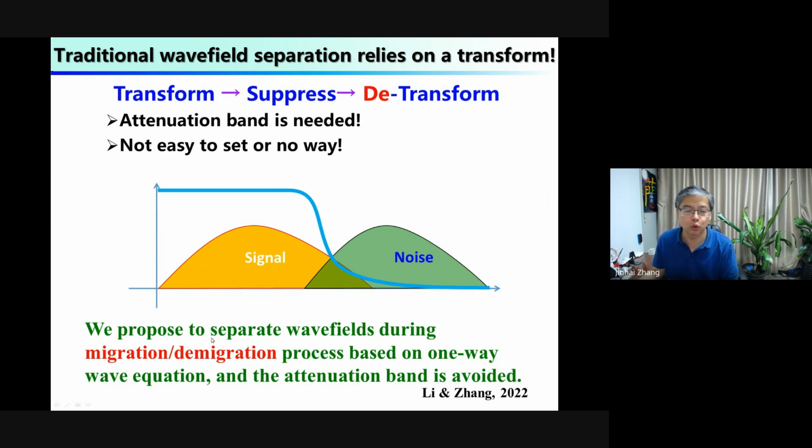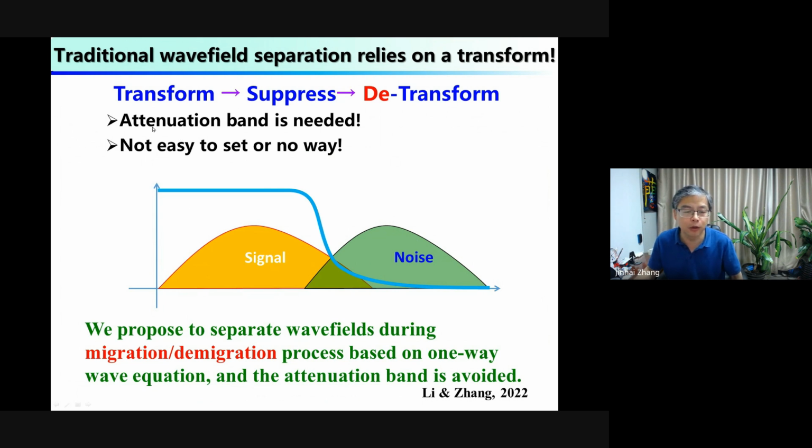So we propose to separate the wave field during migration and demigration. As mentioned before, we perform migration on the input data, and then we can make the image of the data. In the migration domain, people will say, "Oh, let's perform some attenuation."